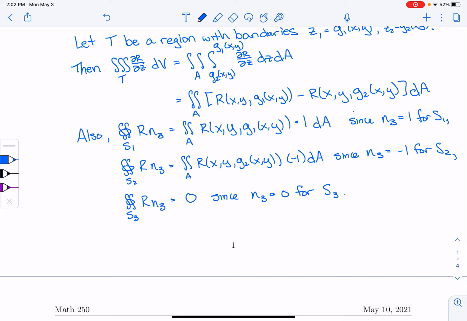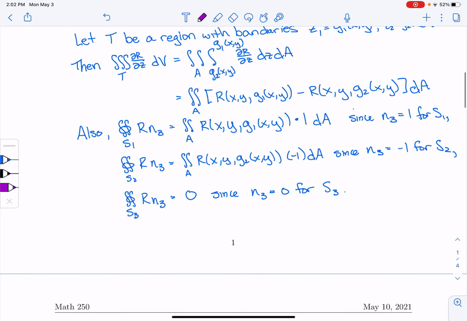Well, now, if you look at that, what I've shown is that this piece of that double integral matches this piece. And then in a similar way, this piece matches this piece.